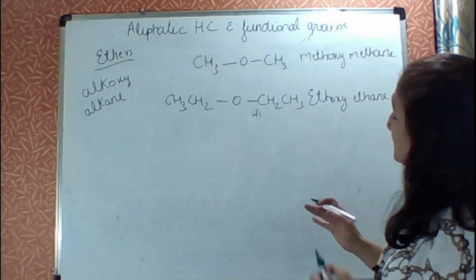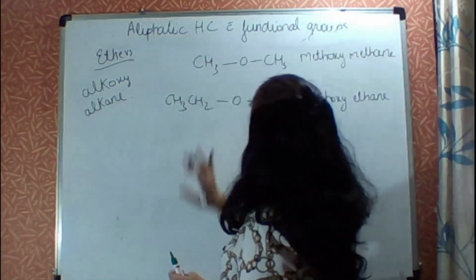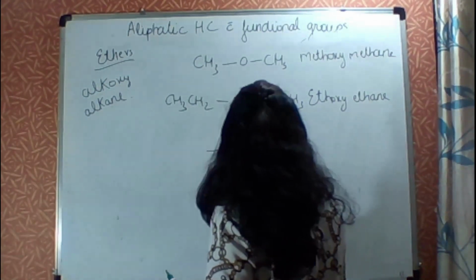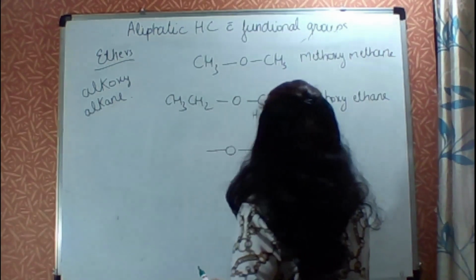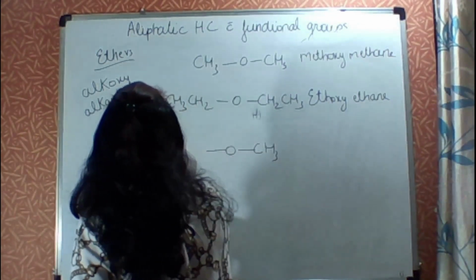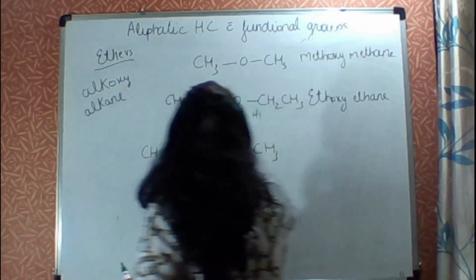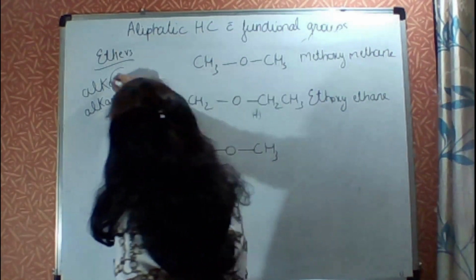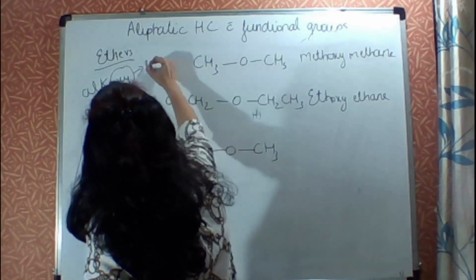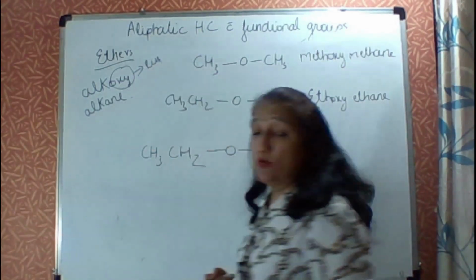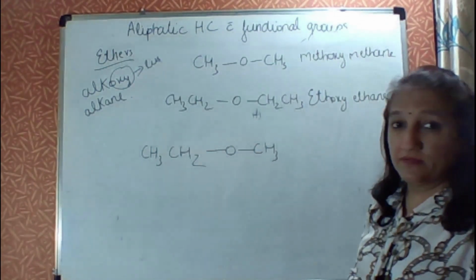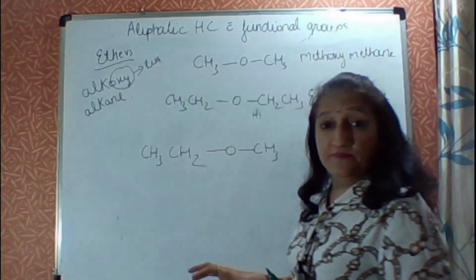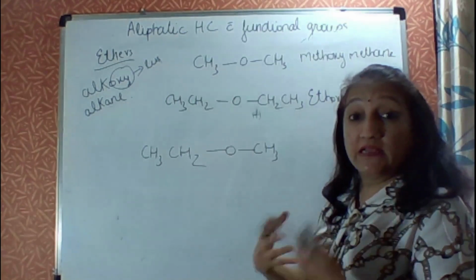Now, what will be the case if two different groups are present on both sides of O? Suppose here we have CH3 and here we have CH3CH2. Now the rule is that oxy goes with the smaller alkyl group, with fewer carbon atoms.